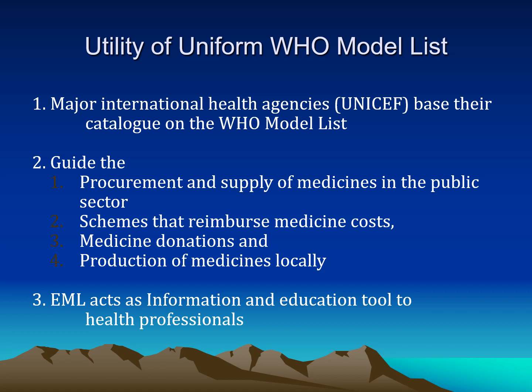It also guides schemes for reimbursement of medical costs because essential medicines should be reimbursed. Medicine donations and production of medicines locally. The medicines which are required for priority needs should be manufactured locally. Essential medicine list also acts as an informational and educational tool for healthcare professionals.